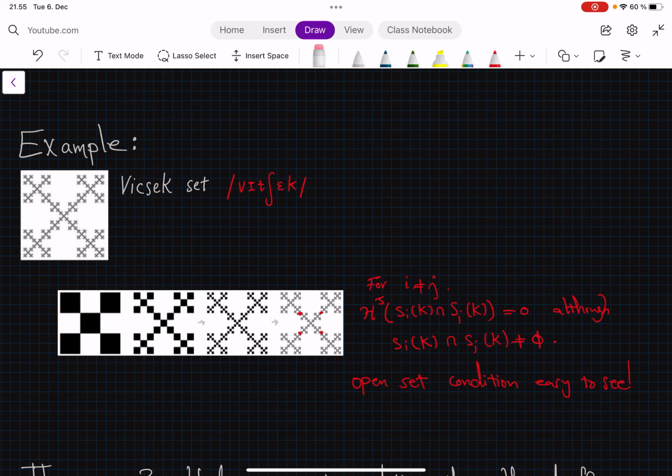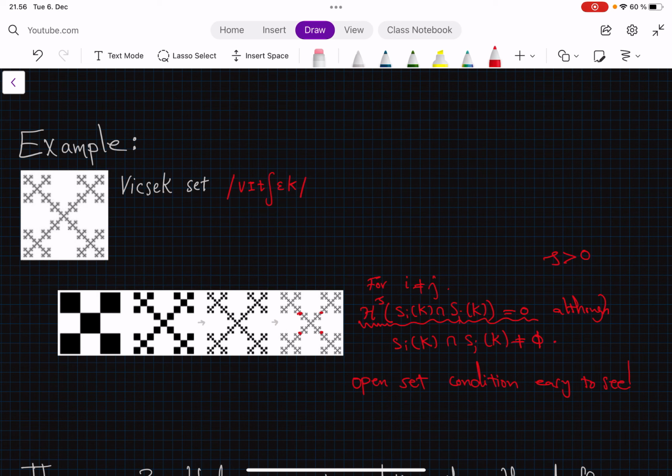This one has a difference from the 4-corner set because this time around, the images under similitudes are not technically disjoint, but they have this condition for self-similarity, that they may intersect, but the intersection has 0 S-dimensional measure. So whatever this set is, its Hausdorff dimension is not 0. So S is bigger than 0.